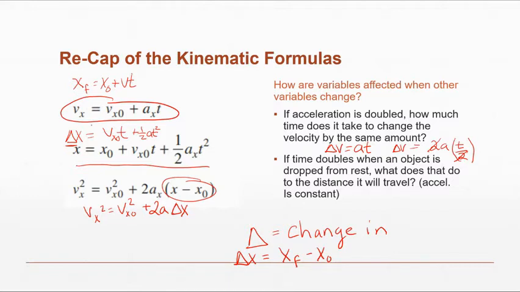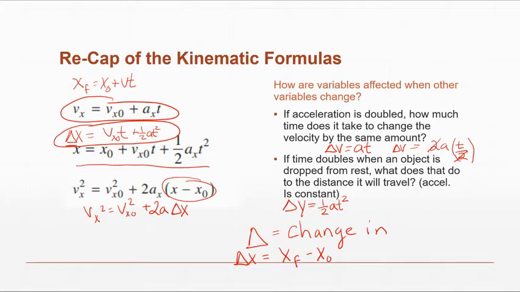So I'm going to use this equation right here. It tells me change in y equals v initial t plus 1/2 at squared, but our v initial is 0, so we're just going to cancel that. We're going to talk about what that a value is later on in this lecture.